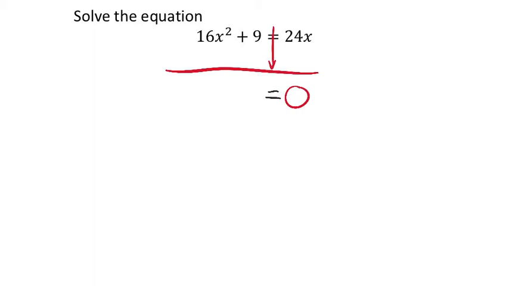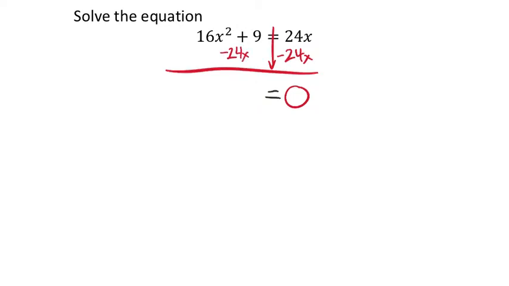Now, since I'm going to force it to become a 0, this goes back to principles of equality. If you're going to make zeros, that means you're going to use either addition or subtraction principles of equality. Multiplication and division principles of equality are for making ones. This is a 0. So how do you make a 24x a 0? Just subtract 24x. Now, on the left side, I'm going to put it in the middle, minus 24x.